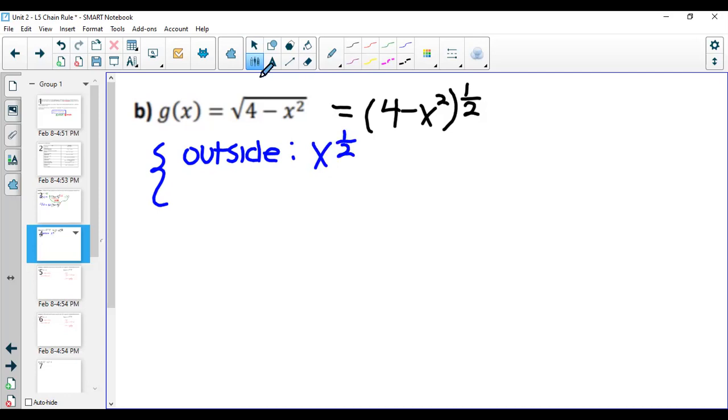And the inside function is 4 minus x squared.